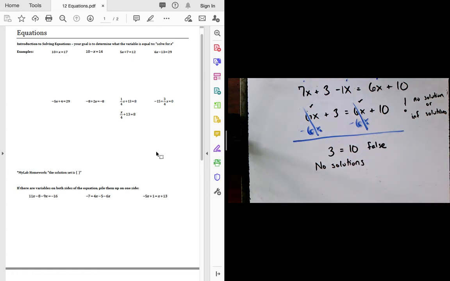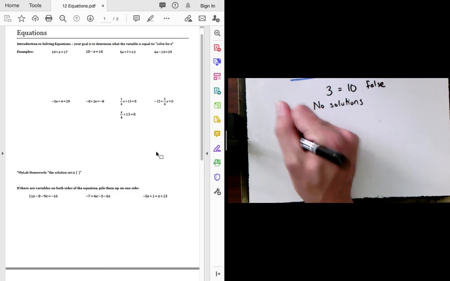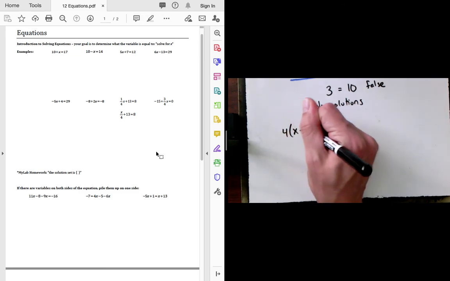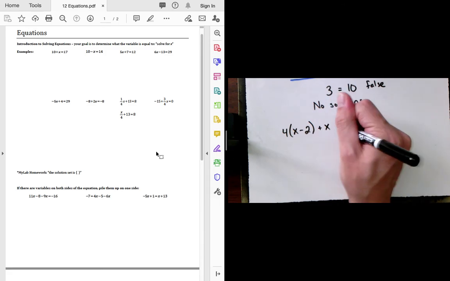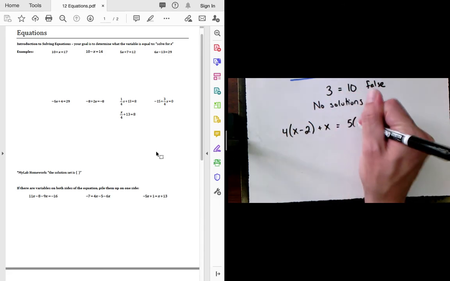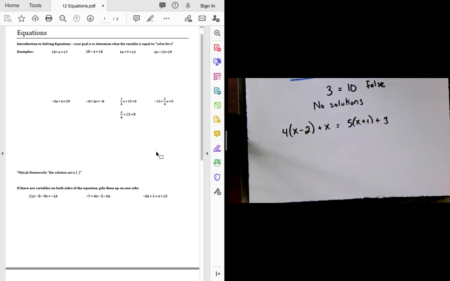If we would have done this exact same thing and got something that was true at the end, then we would say it has infinitely many solutions. I'll give you an example of one of those. Let's try this one.